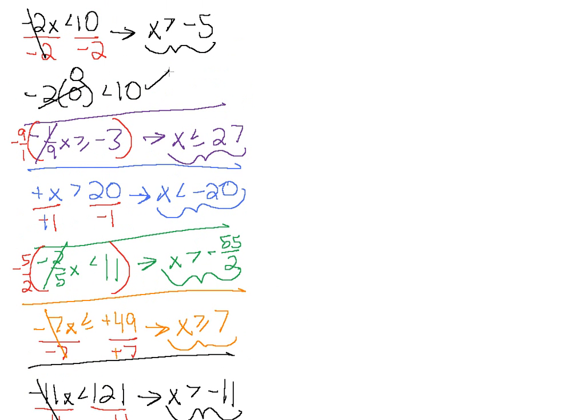So I wanted to do a video on this just to nail home that whenever we multiply or divide by a negative number, we have to flip the inequality sign. Less than becomes greater than, less than or equal to becomes greater than or equal to, and so on. I'll leave these as good checks to plug an appropriate number into our original inequality to make sure it holds true, which we proved in the previous section, and that's why we flip the signs. So we need to get comfortable with this before moving on to solving complex linear inequalities and doing applications. So I'll see you in the next video.